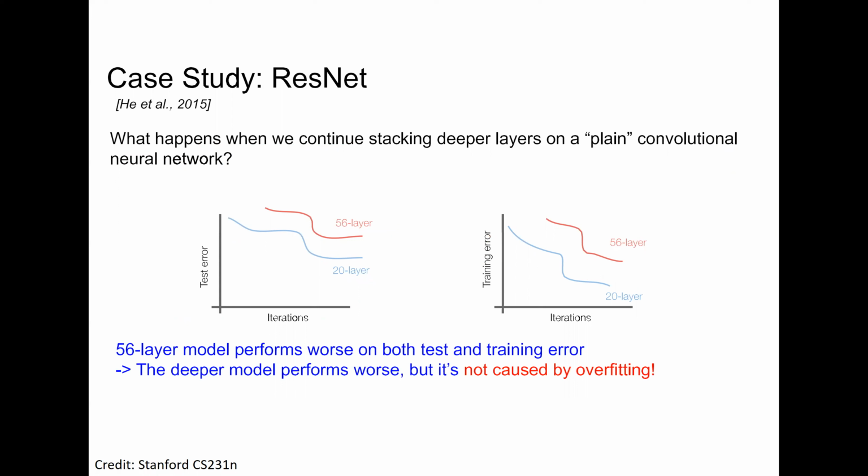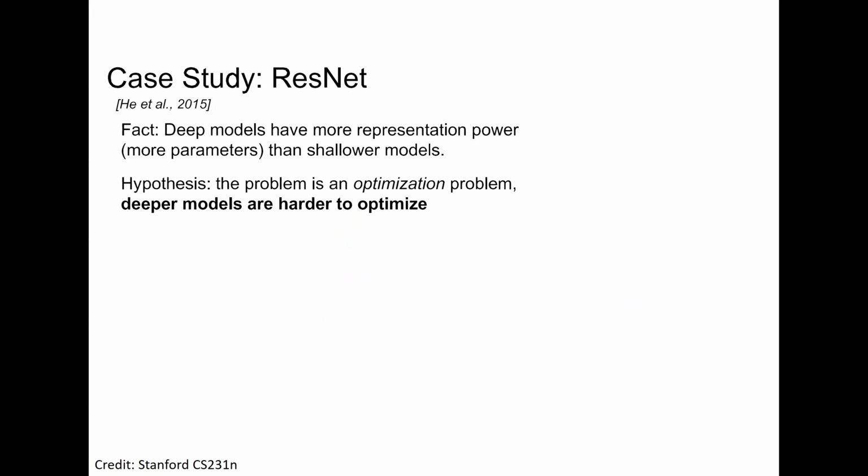And why does it happen? The hypothesis is that even though deep models have more representational power than shallower models, the problem is optimization. Deeper models are harder to optimize.